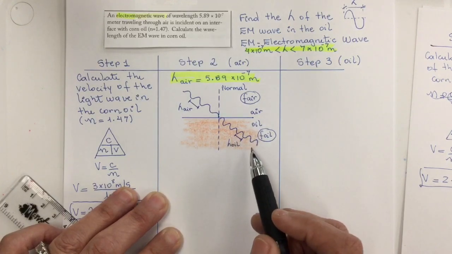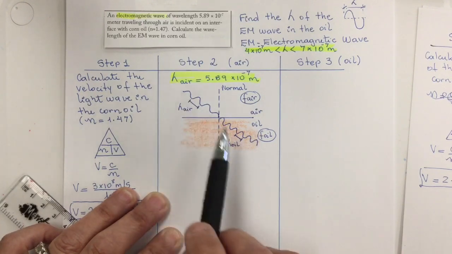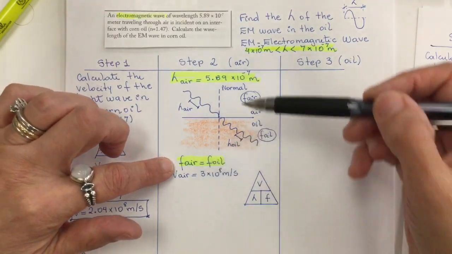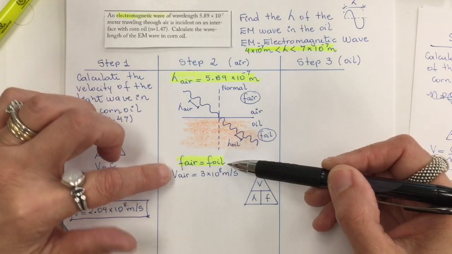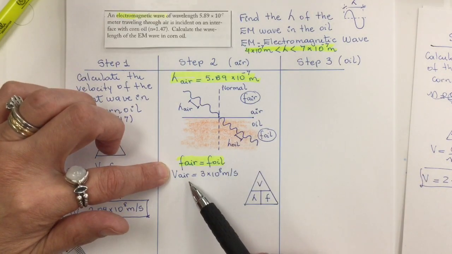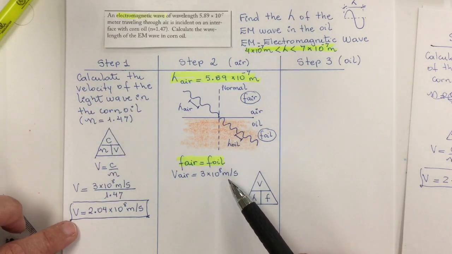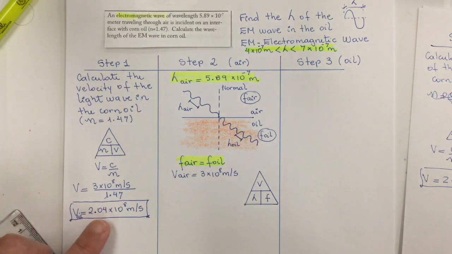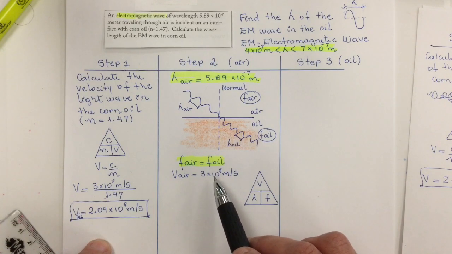But the wavelength and the speed change with the change of medium. The speed of this light wave in the air is 3 times 10 to the 8 meters per second, and in the oil it is 2.04 times 10 to the 8 meters per second, which is less than the speed in the air.